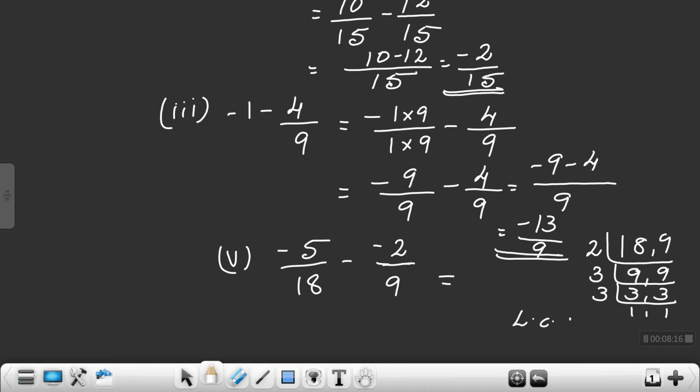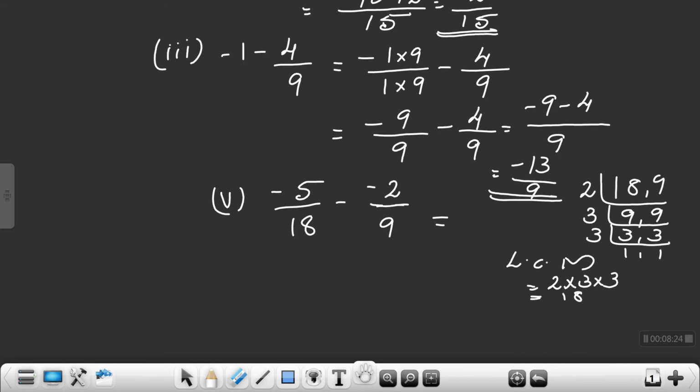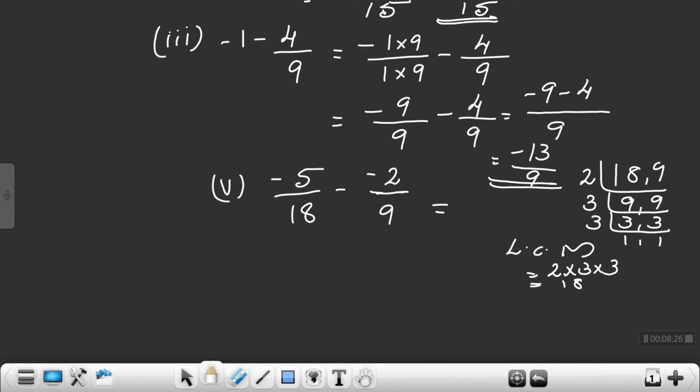LCM equals 2 into 3 into 3, that is 18. The first rational number has no change. For the second, 9 into 2, negative 2 into 2.